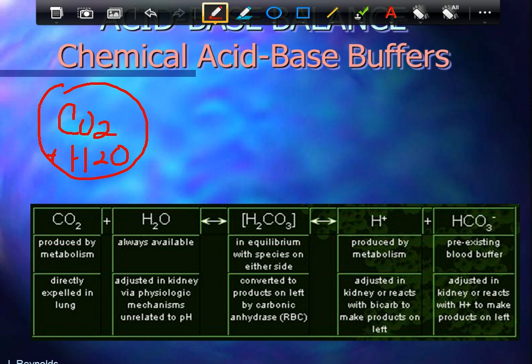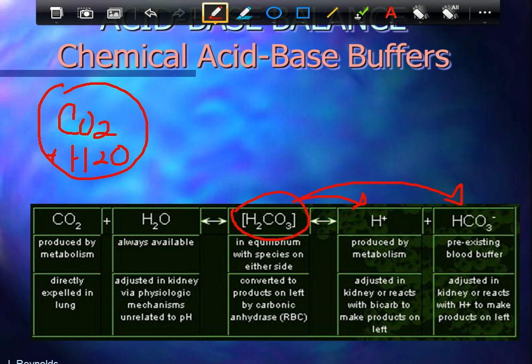The 2 of these form carbonic acid. This happens in all cells of your body. Now, this carbonic acid plays a pivotal role. It dissociates, because acids, that's what they do, they dissociate, into hydrogen ion and bicarbonate ion.